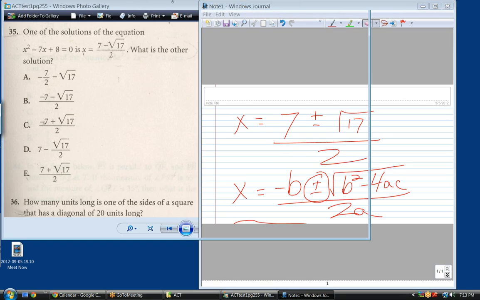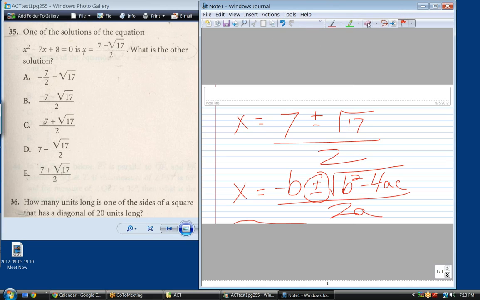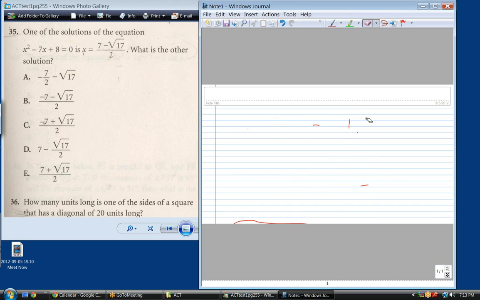So if you recognize that, you instantly know the answer to this is E. However, let's assume we didn't know that. If I was trying to solve this from scratch, how would I do it?